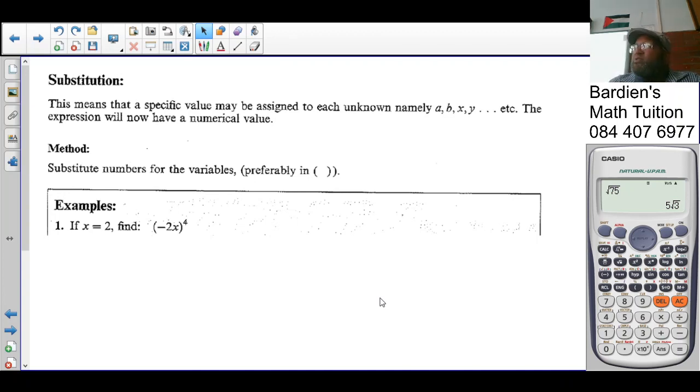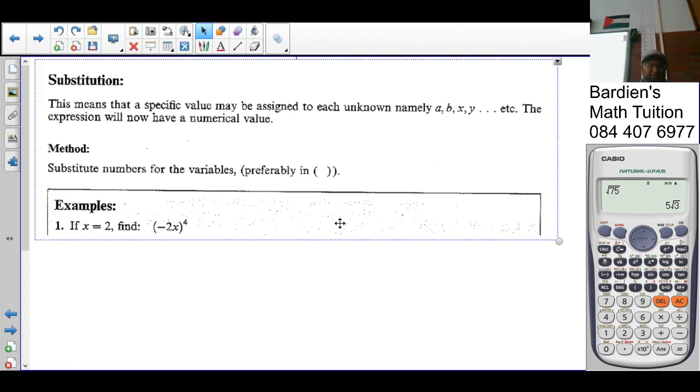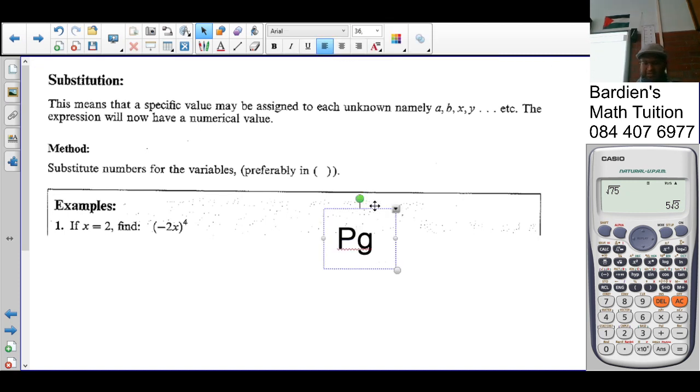Normally the method we use when we do the substitution is we replace the variable with a number and we insert the number in a bracket as we did previously. Okay. So now we're looking at the example on page, what did we say? 17.